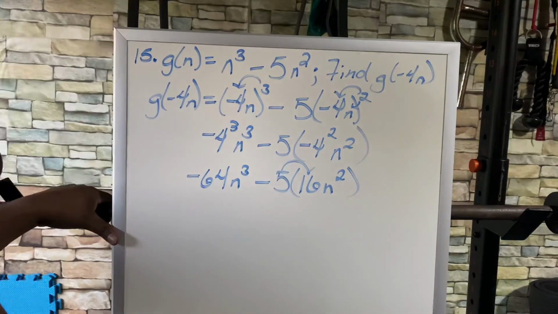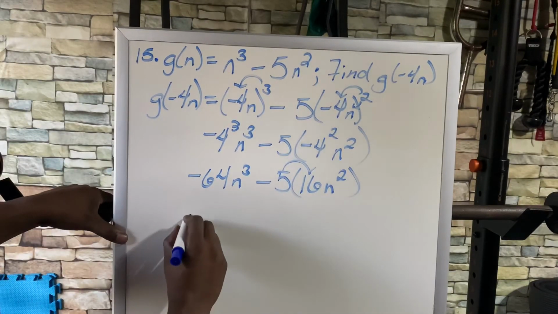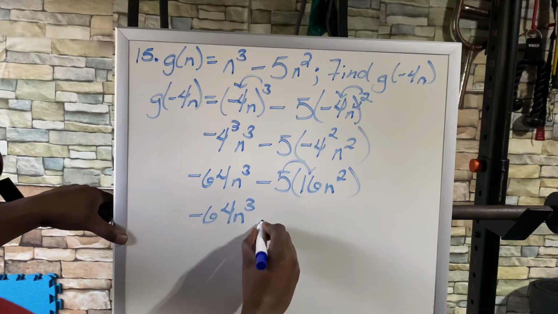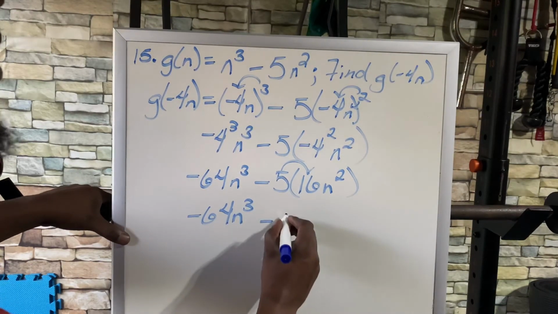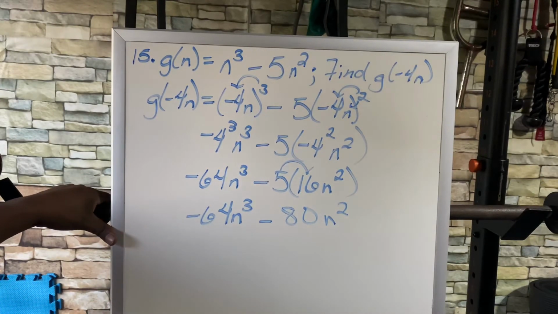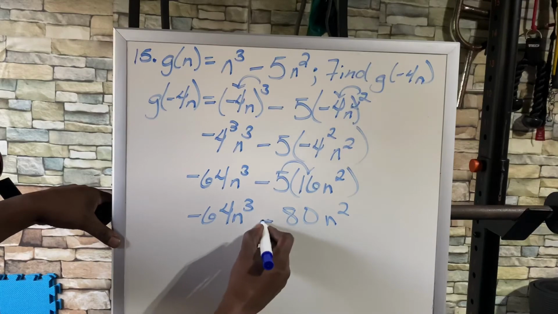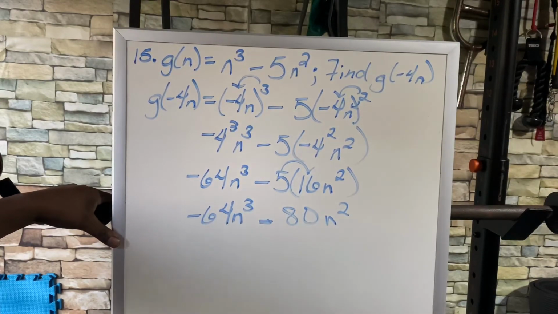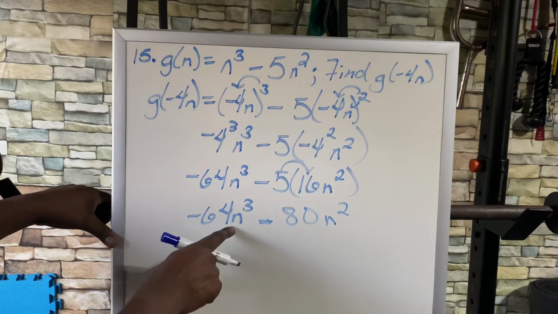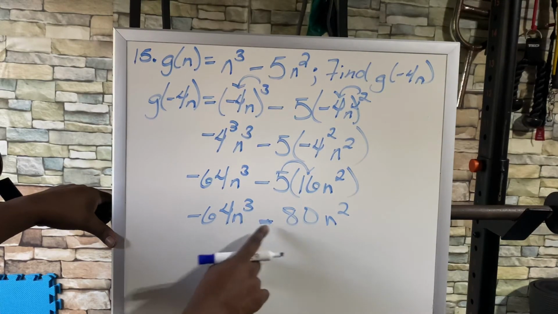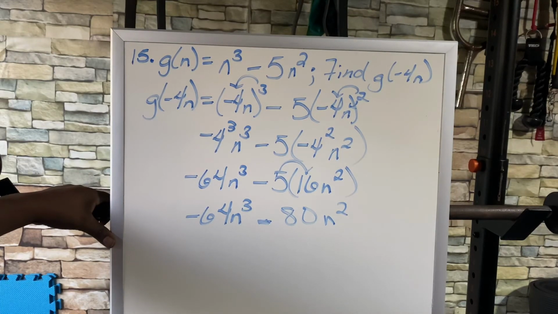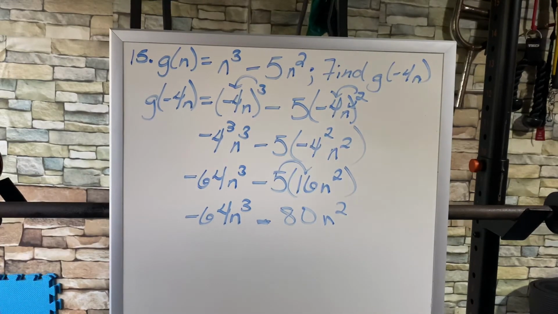Negative 5 times 16 gives us negative 80n squared. Now, since we're subtracting, can we do anything else to that? No, because these are not like terms. Therefore, our answer is negative 64n cubed minus 80n squared.